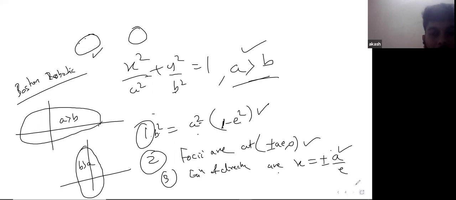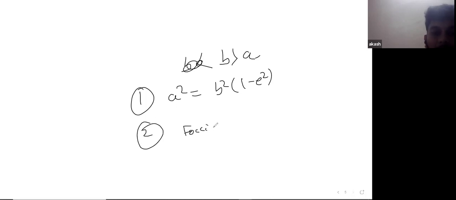And where B is greater than A, the things change. You will write this as A square equals B square into 1 minus E square. Second is the foci, 0 comma plus minus BE.